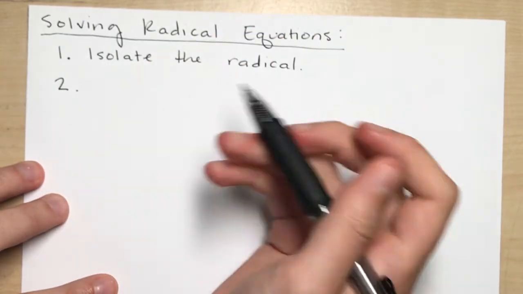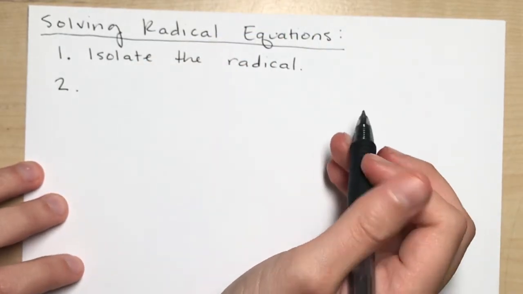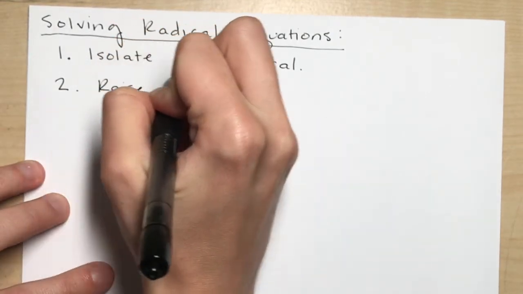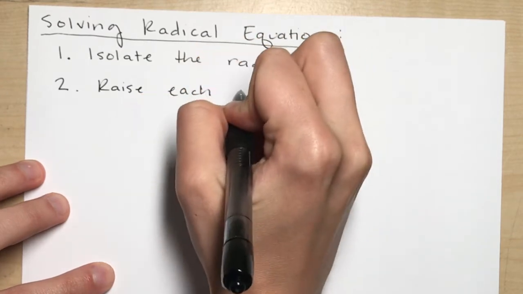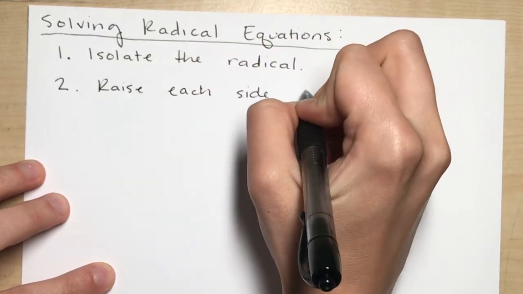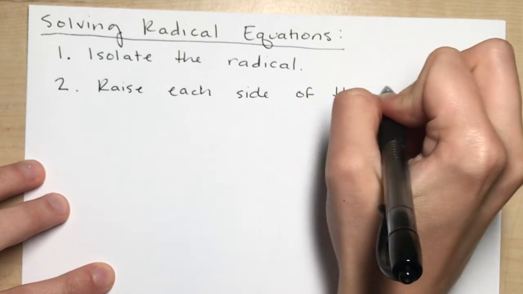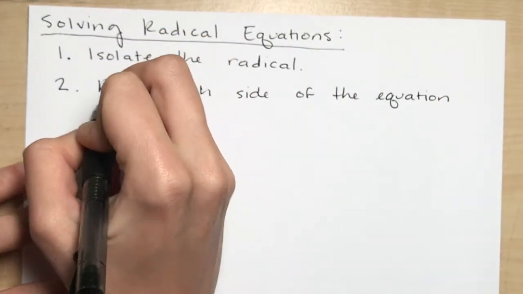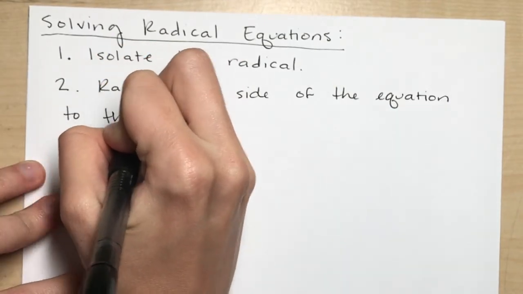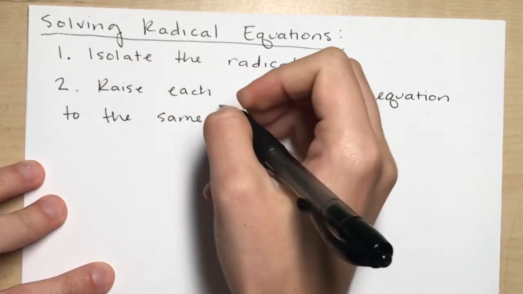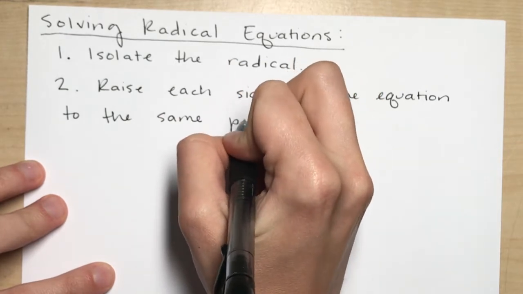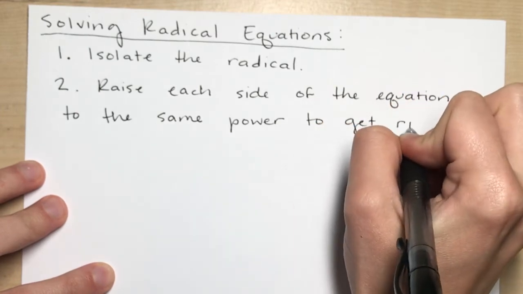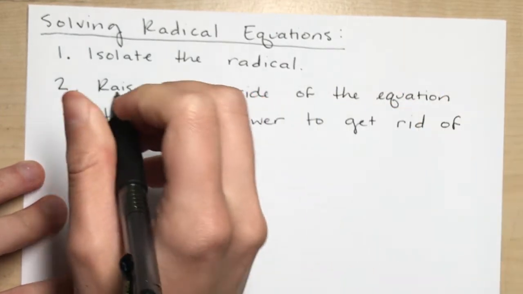Here, how can we get rid of a radical? Well, you raise each side of the equation to the same power to get rid of the radical.